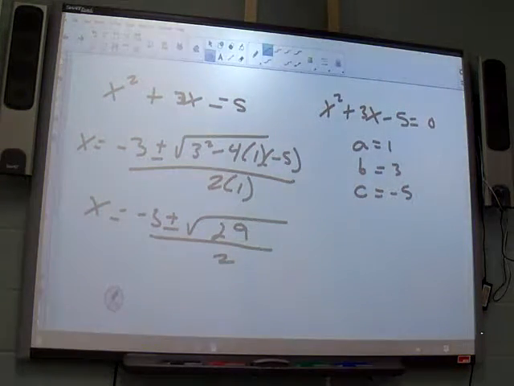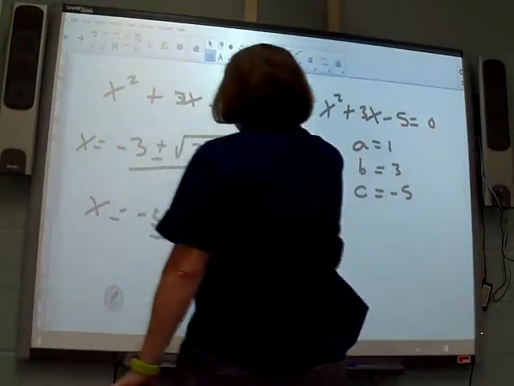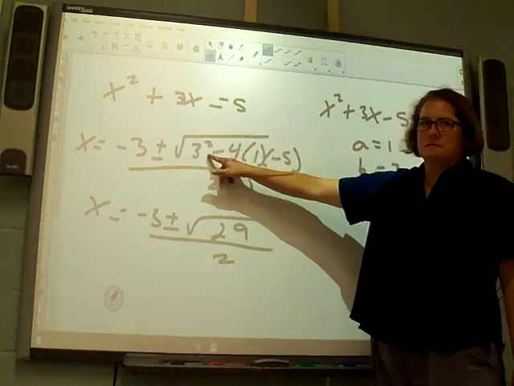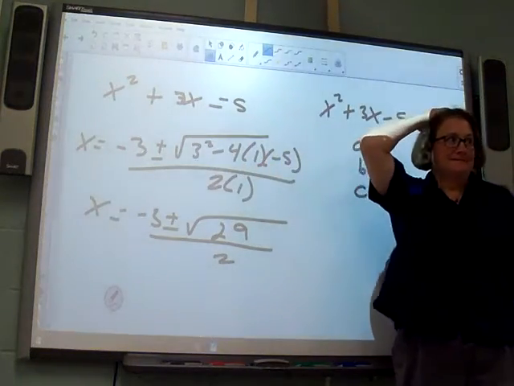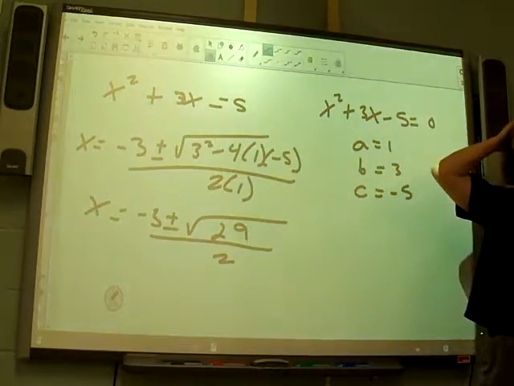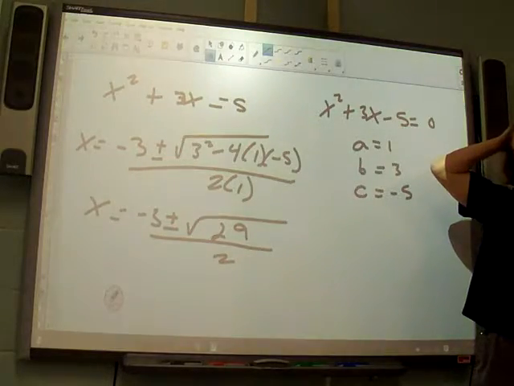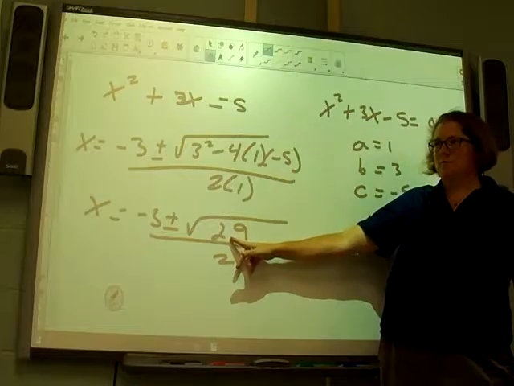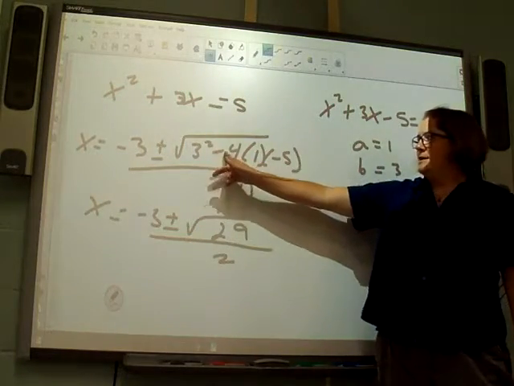You still are not typing what I'm asking you to check. I want to know what 3 squared minus 4 times 1 times negative 5 is. So I'm 29. You agree now?